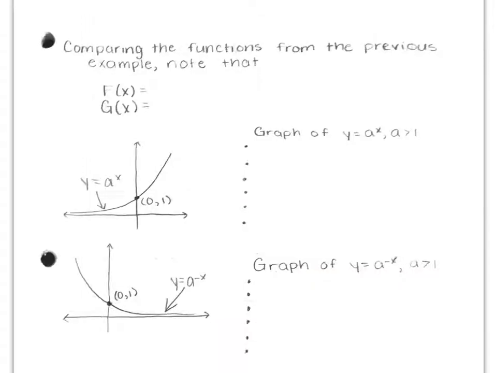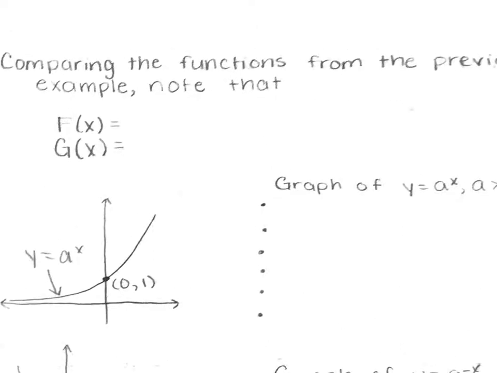Right, so continuing to compare these functions from the previous example, we're going to note that capital F of x was 2 to the negative x, which is actually the same thing as f of negative x.